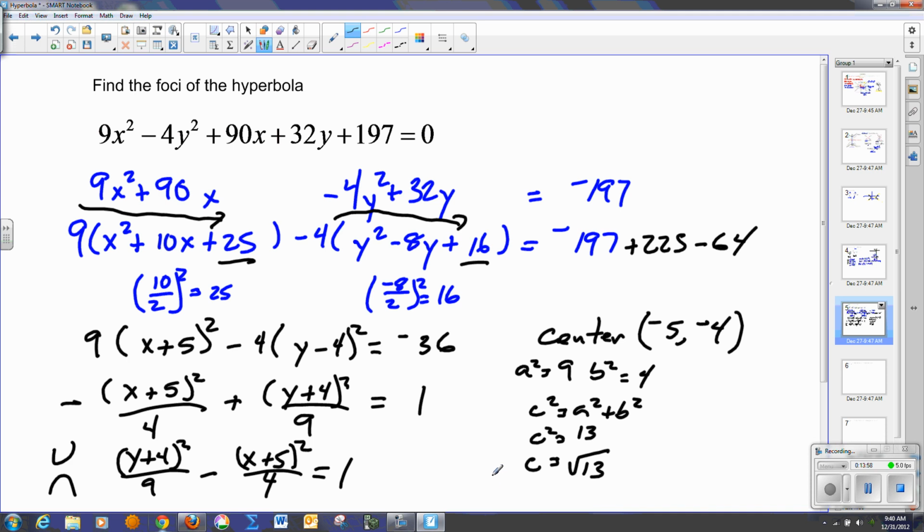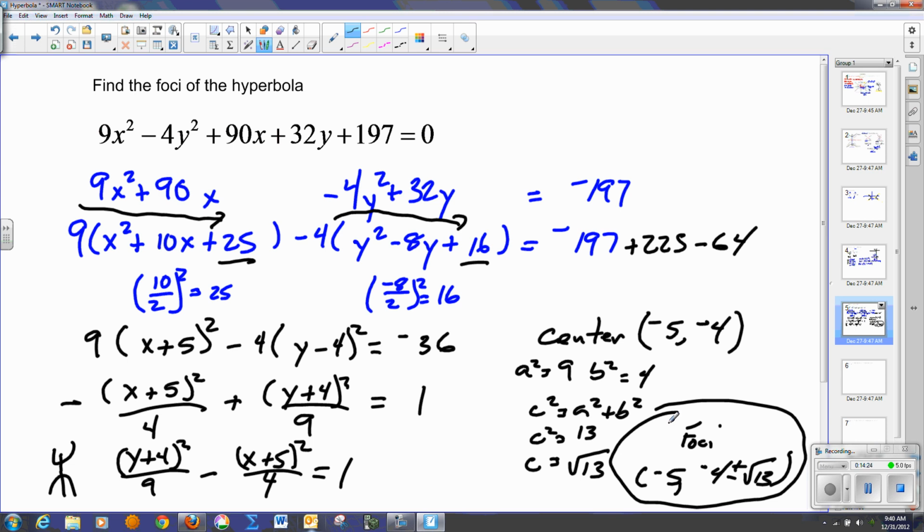Now all I have to do is add vertically to my center to get my 2 focal points. So if I'm adding vertically, then my foci are at -5 and -4 plus or minus √13. And there are my foci.